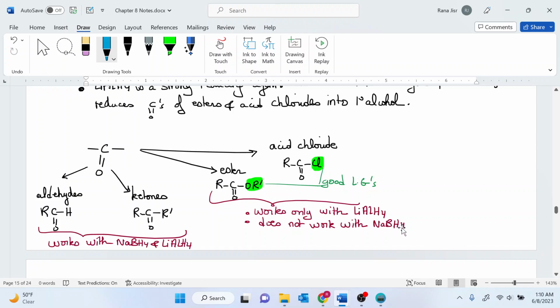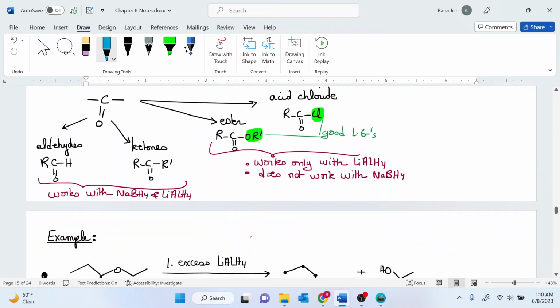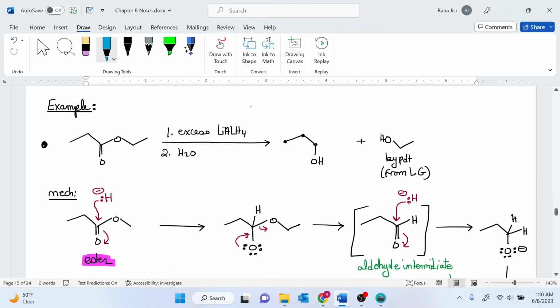Throughout the reduction of esters and acid chlorides, you end up forming a leaving group and forming a carbonyl again. This is why you are required to use lithium aluminum hydride again. It is very reactive, so it can be used as long as there is a carbonyl. But sodium borohydride is not reactive, so it will not work in these types of reactions. Let's have an example.